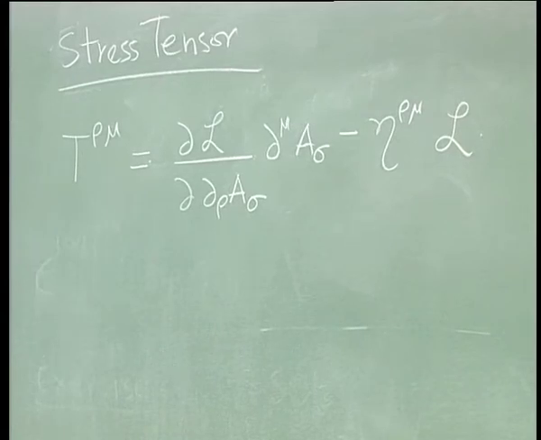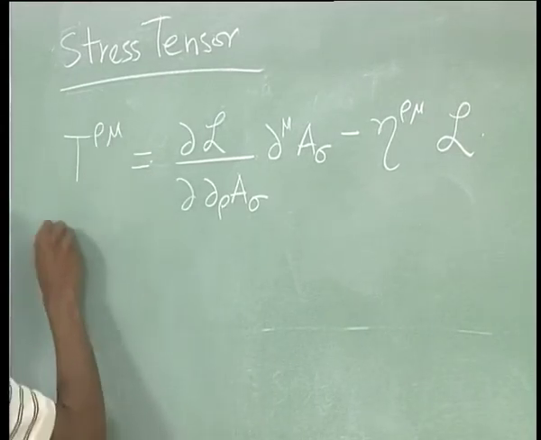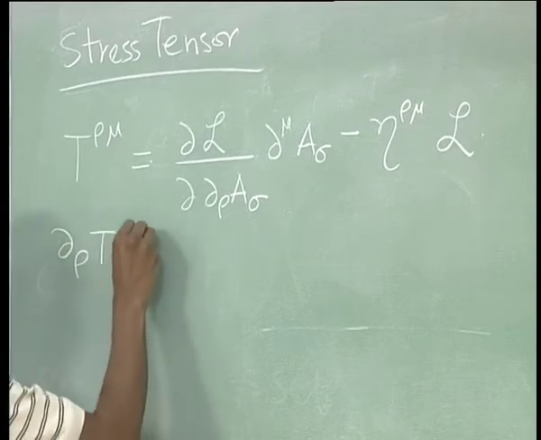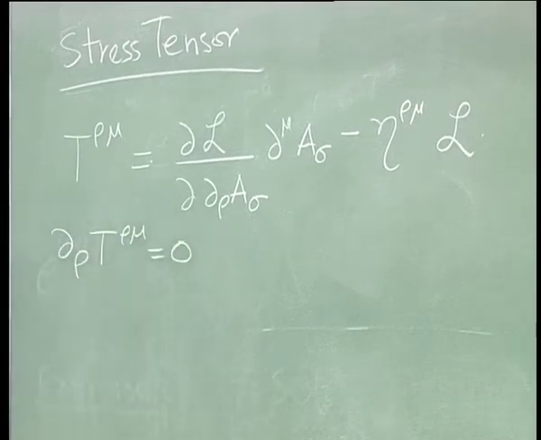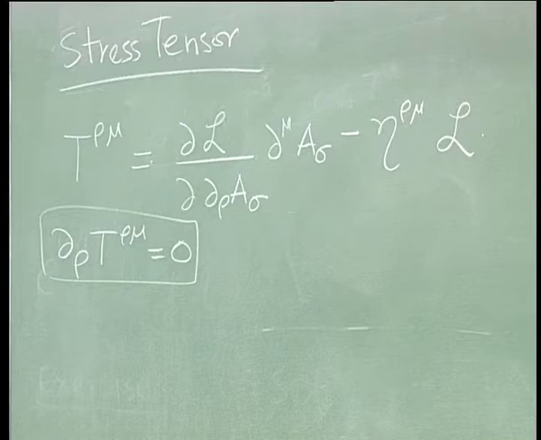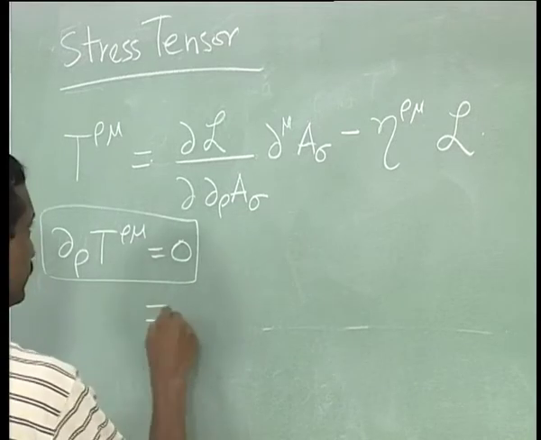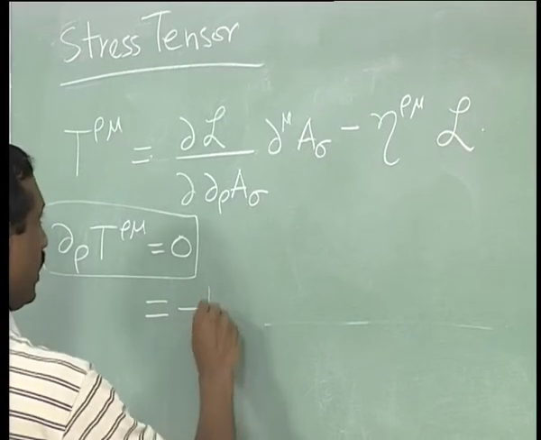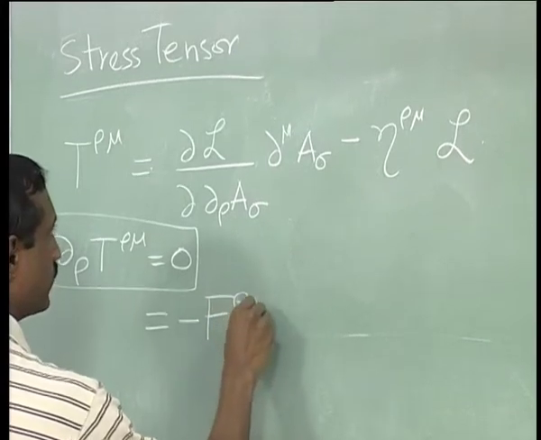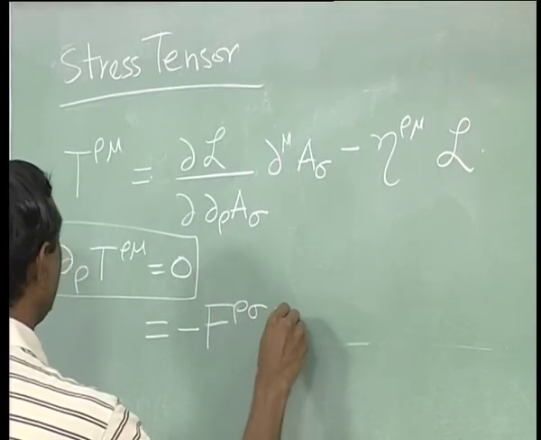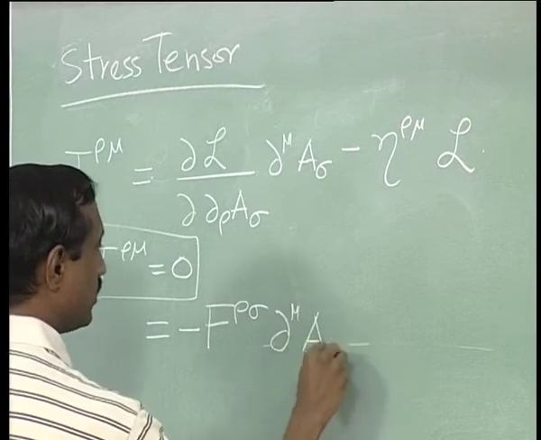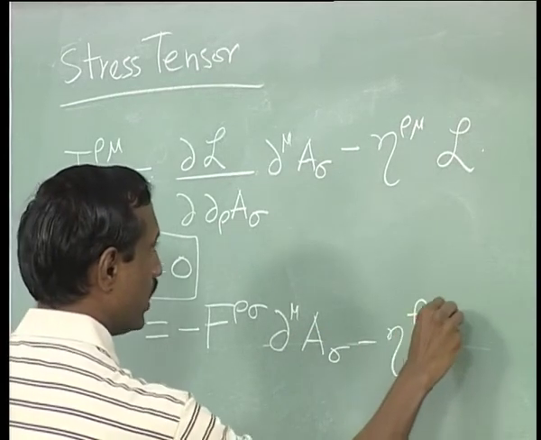So this is what you get, and the conserved current here is d rho. So for the rest of this lecture, rho will be the conserved current index. Okay. So this is the point. So we can look at this and we can just write out, we get minus f rho sigma d mu a sigma minus eta rho mu L.